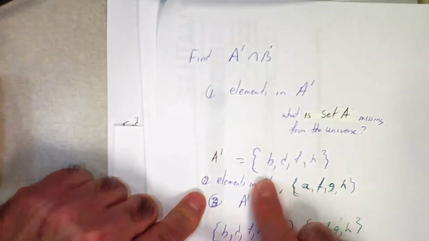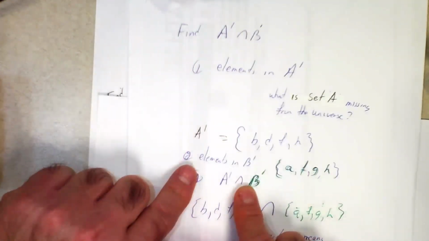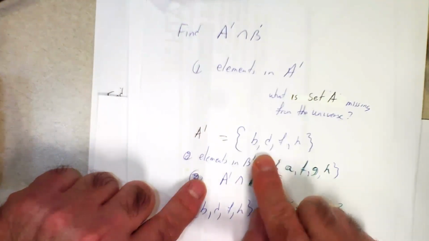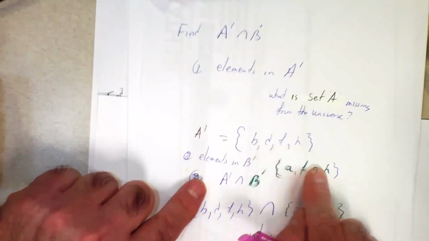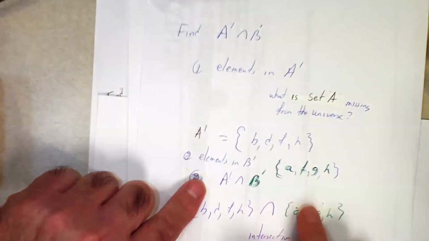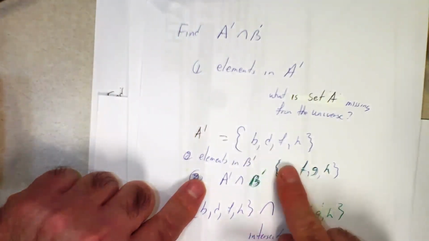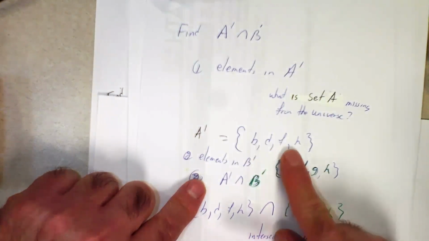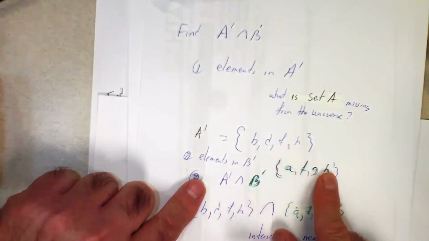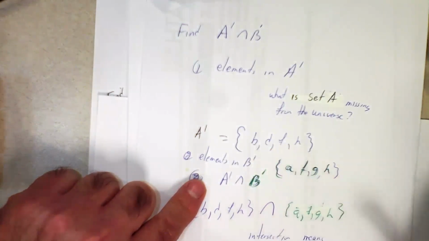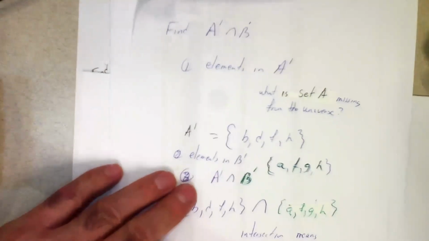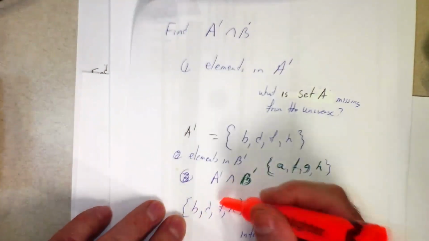Now that I know my A complement and my B complement, I'm going to intersect them. What does intersect mean? Intersect means what values this set has in common with this one. If I look at them, we do have an F and the H. They both have those two elements in common.